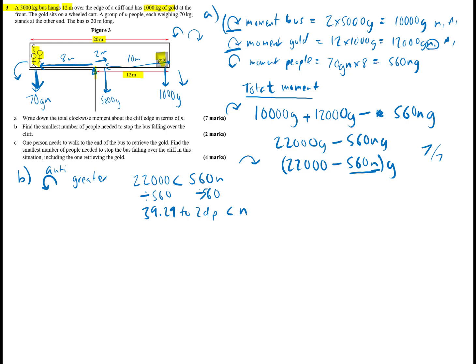So if you write it the other way around, n has got to be greater than 39.29 people.